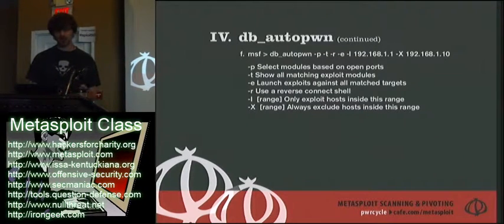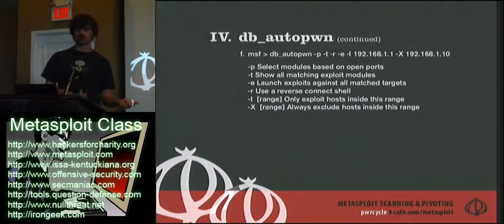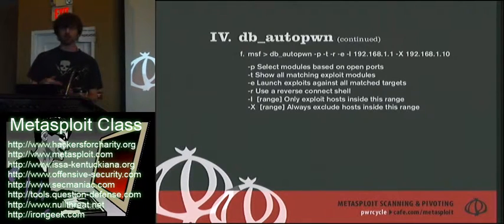These are the options: select the vulnerabilities scanned by the ports that are open, tell you everything that's running, actually exploit it, and then -r is for making a reverse shell connect back to you. -i declares specifically which host you want to exploit. If you have a database of 100 hosts and you don't specify an IP address, then it will try to exploit every single host in your database.